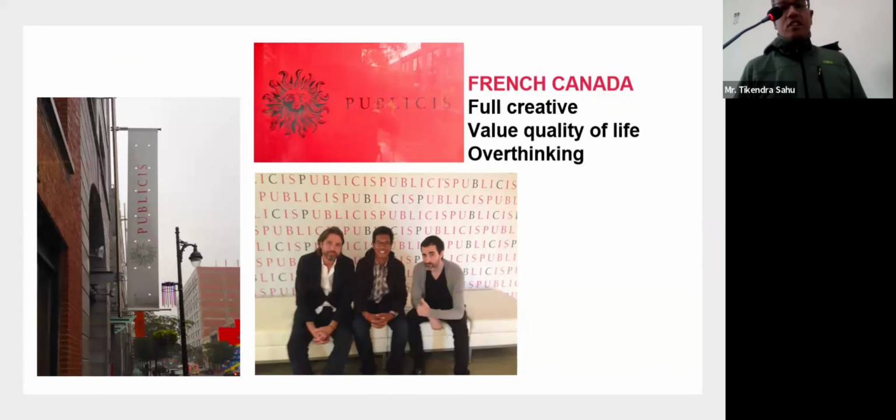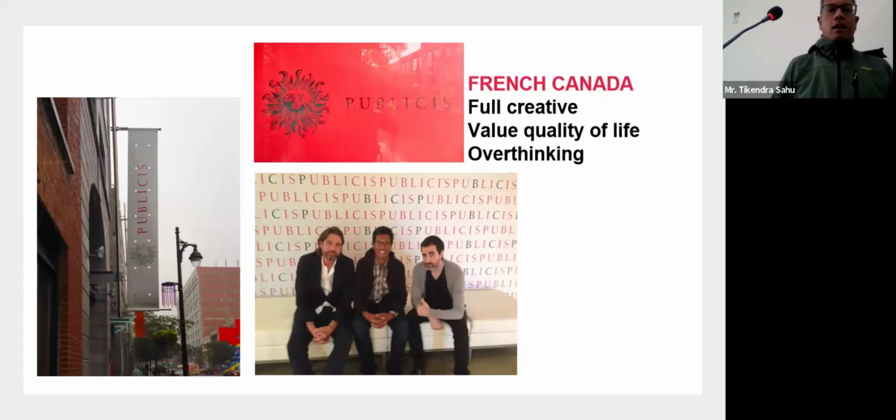In French Canada, there are two types of culture in Canada. You have French Canada and English-speaking Canada. The French Canadians are more like Europeans. Europeans value quality of life. So when they work in advertising, they say, okay, we start at 9 and we quit at 4.